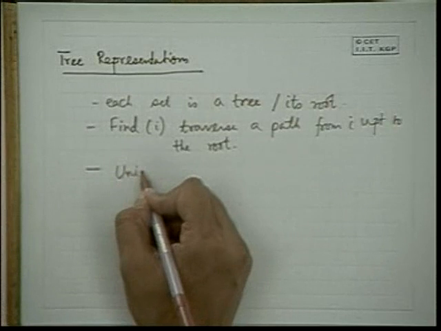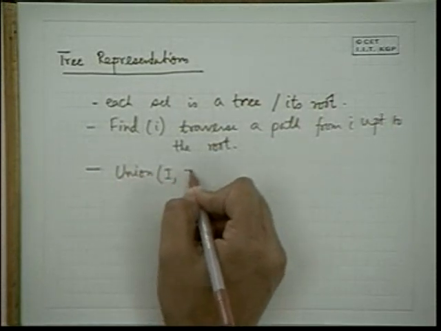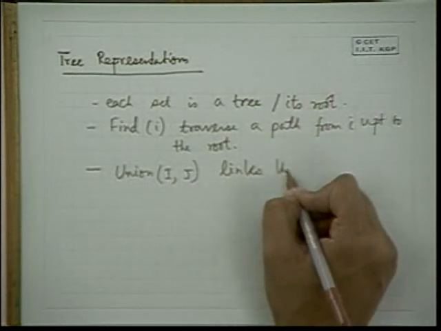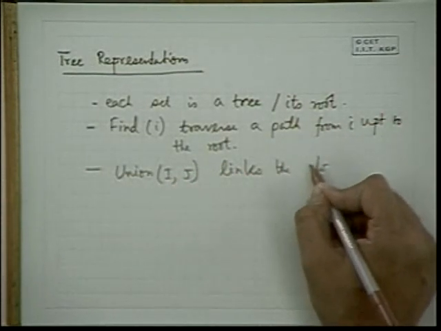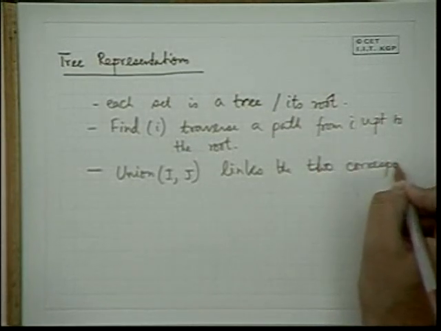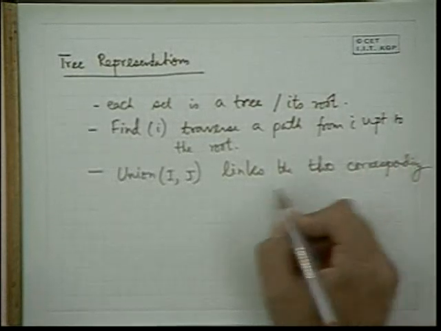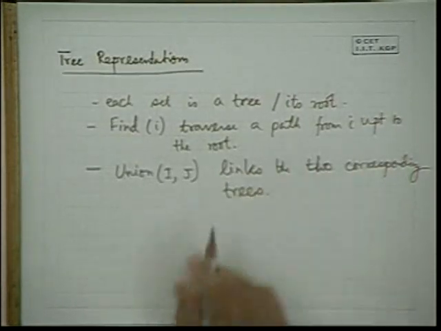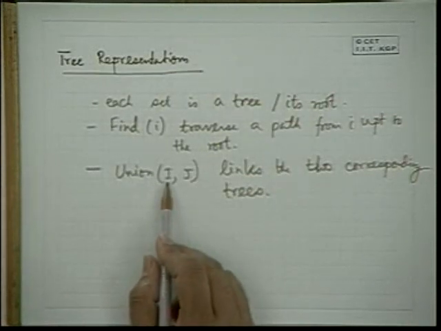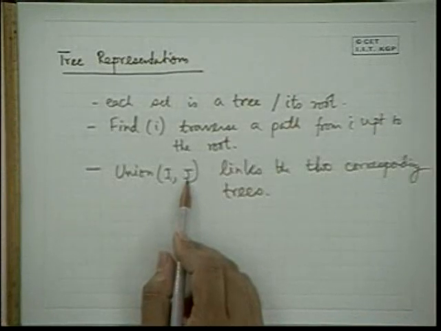And union ij links the two corresponding trees. So this union this time is very easy, because for union ij, basically I will have a pointer to the root of the set represented by I, and j is basically a pointer to the root of the set representing j.